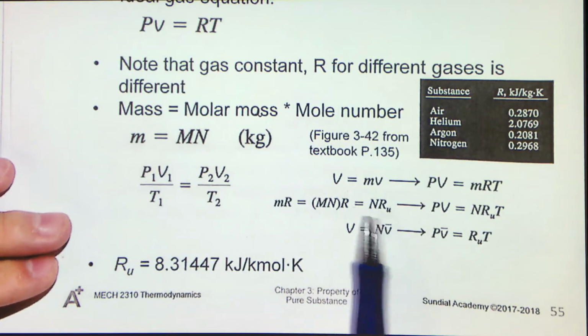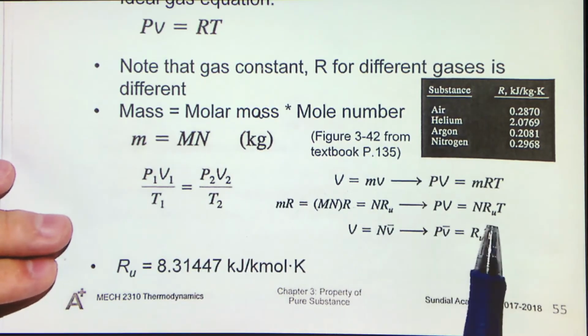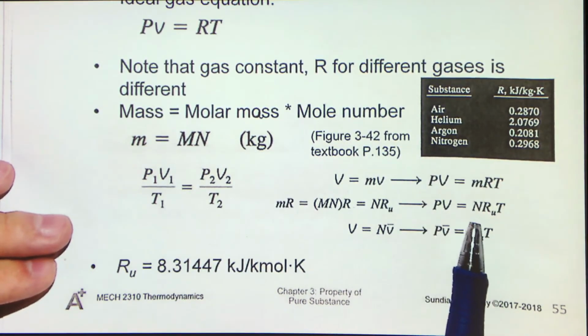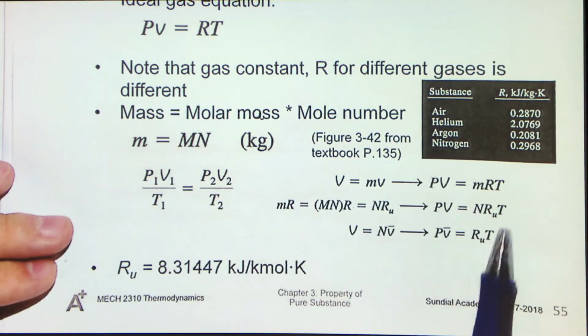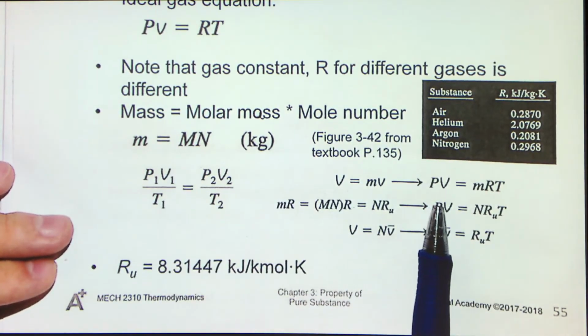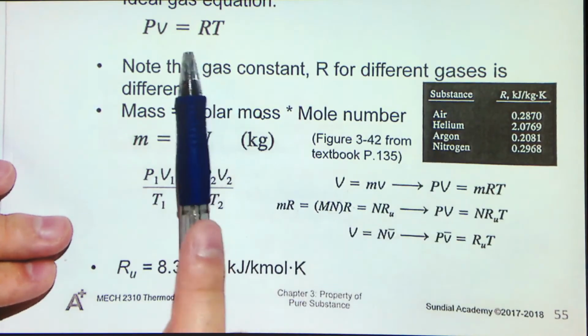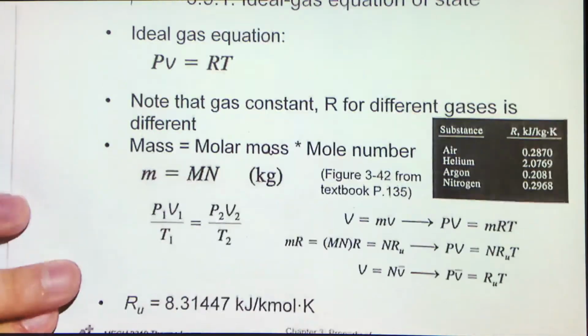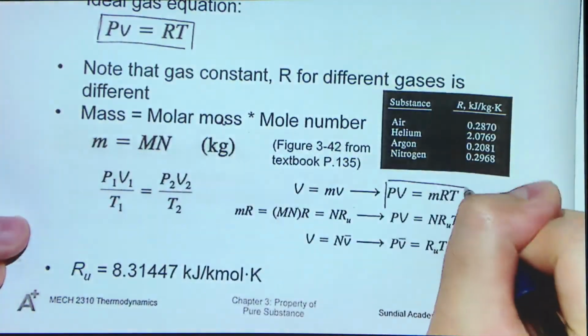So we can get our original form of PV equal to nRT. But this form will be difficult to use in our thermodynamics class. So we will usually use this form as well as this form. Remember these two versions. We will use them very often.